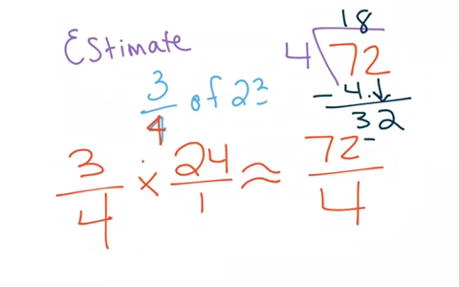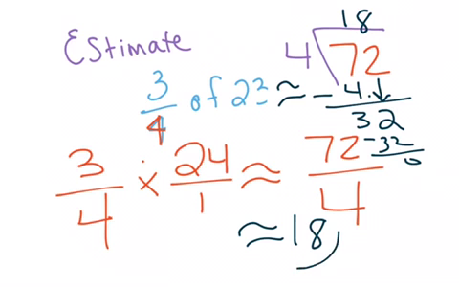So we're going to subtract 32. Give me 0. So 72 divided by 4 is going to be 4. Nope, no, my gosh, it's going to be 8. My bad. It's going to be 18. So 3/4 of 23 is going to be approximately 18.